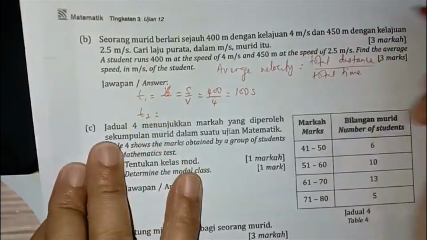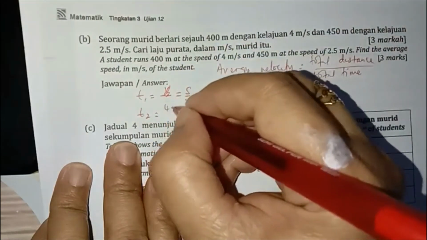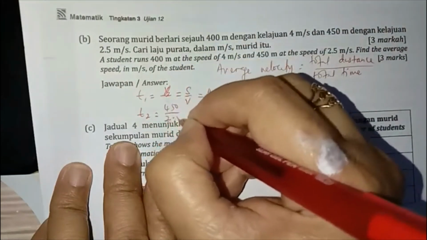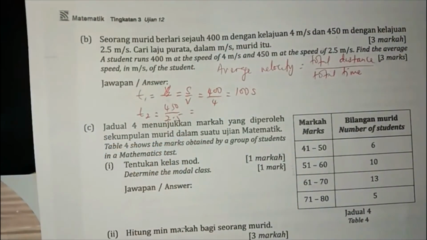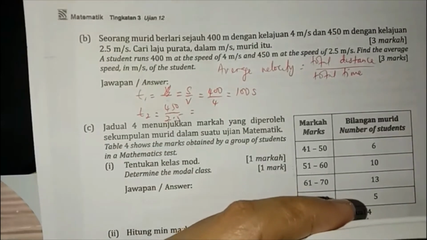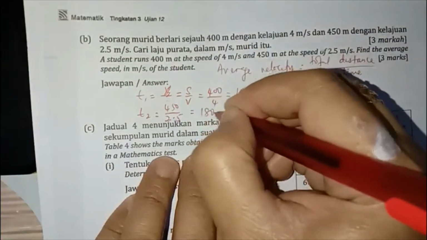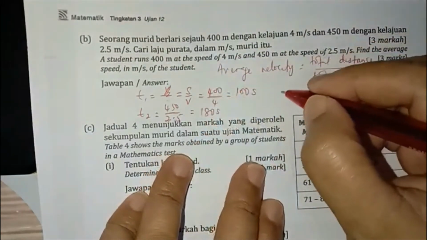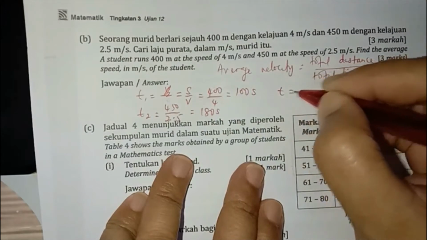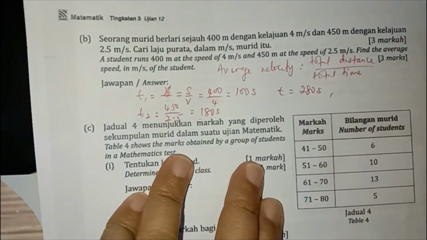T2, 450 divided by 2.5, 180 seconds. So the total time taken equals to 100 plus 180 is 280 seconds.